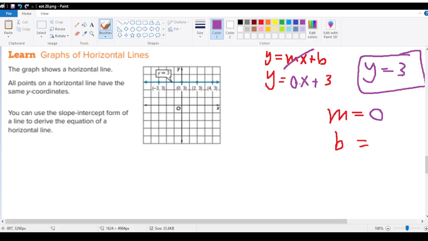So if the x is not here, that means that the m is what? The m is 0. So the m is 0. And what is the value of b? 3. Good.